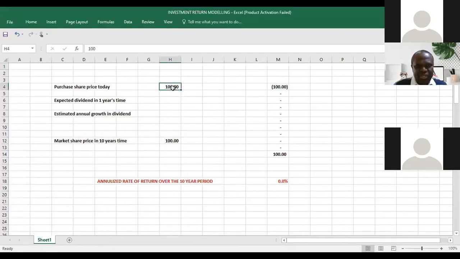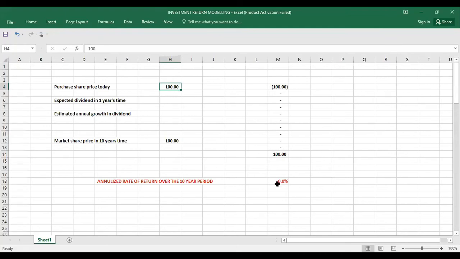Now, what this screen does is that it models investment return. The figure you see in red at the bottom here is the annualized return on investments, depending on four important parameters: what the share price is today, what the expected dividend is 1 year from today, what the annual growth in dividend is, and then what the share price is going to be at a future date, in this case, 10 years.